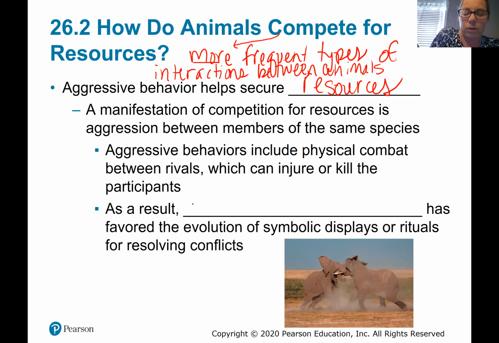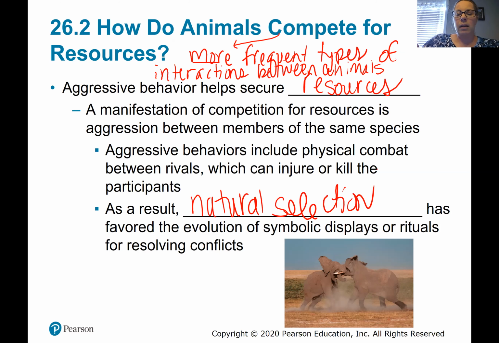And because of this aggressive behavior, natural selection can basically drive traits toward animals that are more fit to survive and reproduce. But it can also drive ways of resolving conflicts so we don't kill everyone in this fight.